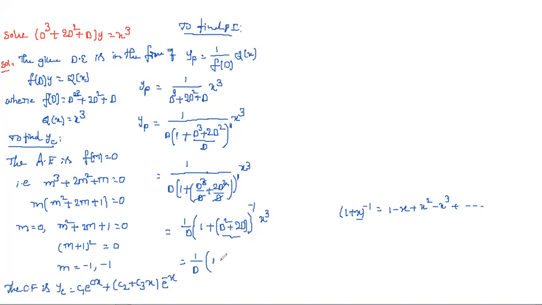So for that, 1 minus (d square plus 2d), and next plus x square, so x square is nothing but (d square plus 2d) whole square, and next minus (d square plus 2d) whole cube plus and so on. I just wrote the expansion of that into x cube as it is.